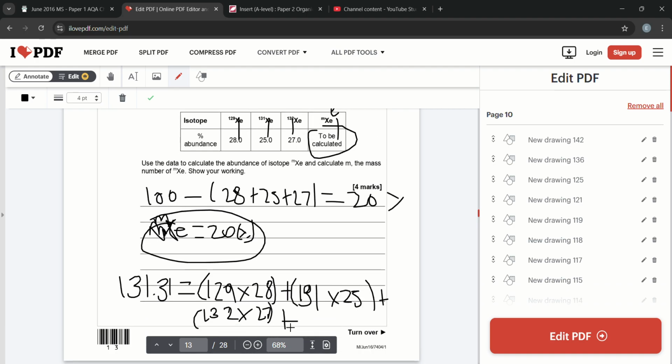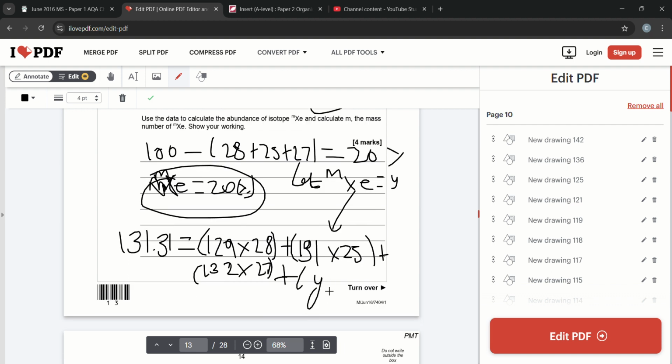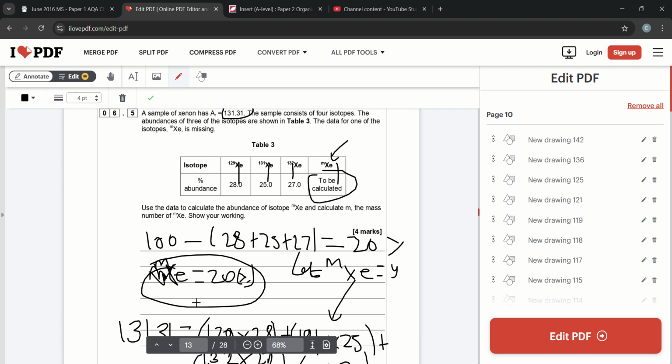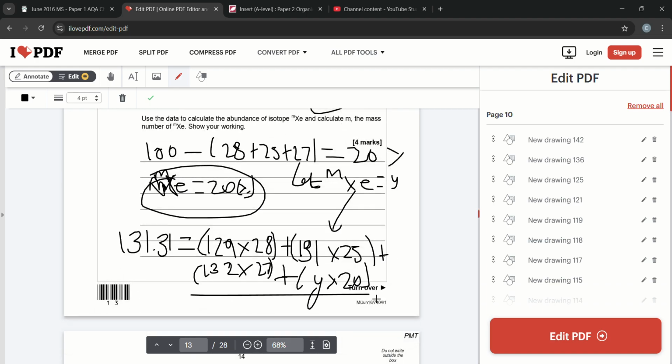Let MXe equal y, so we get y times 20 all over 100, this percentage.